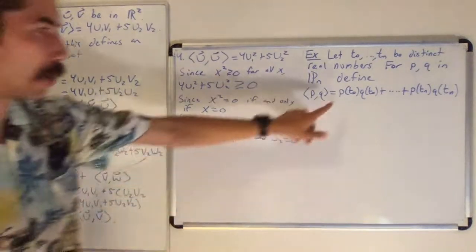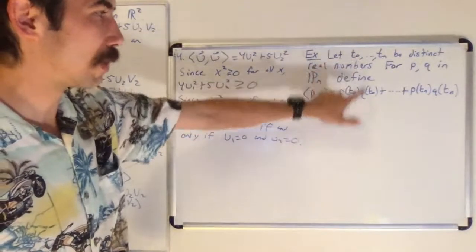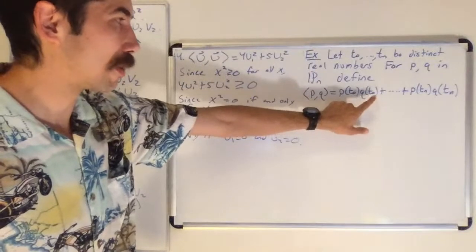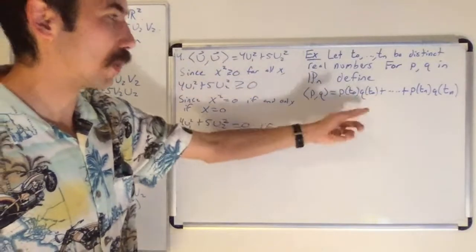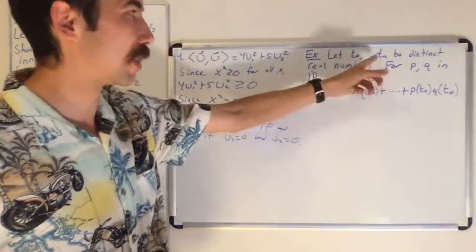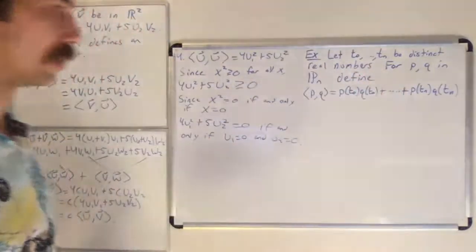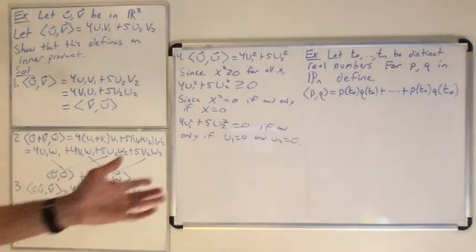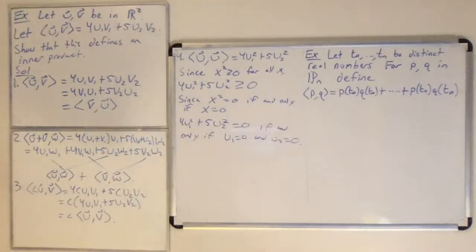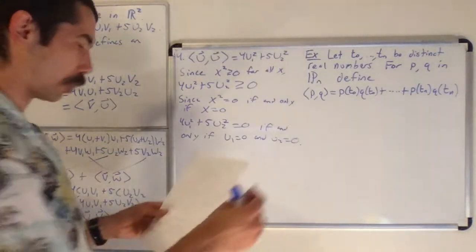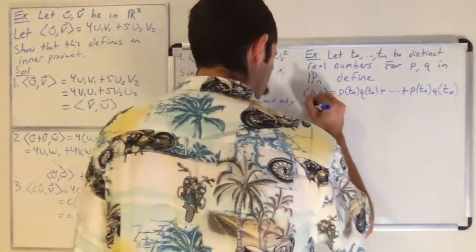Okay, so we would evaluate the polynomial at our first number, evaluate the other polynomial at the first number, and multiply them together. Plus, when we evaluate the polynomial at the second number, and do that product again, I'll add them up all the way until we hit every single number. Okay, and so what I want you to do is show that this is an inner product.